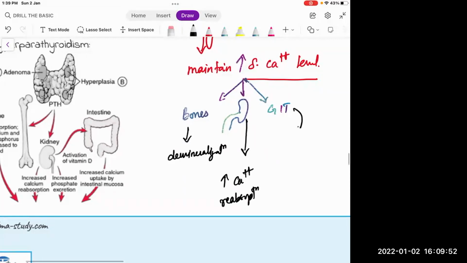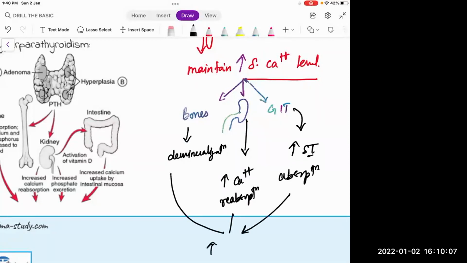In the GIT also, it increases absorption of calcium in the small intestine. So altogether, it increases the serum calcium level. So this is the function of parathyroid hormone. It has its role over the bones, kidneys, and GIT.